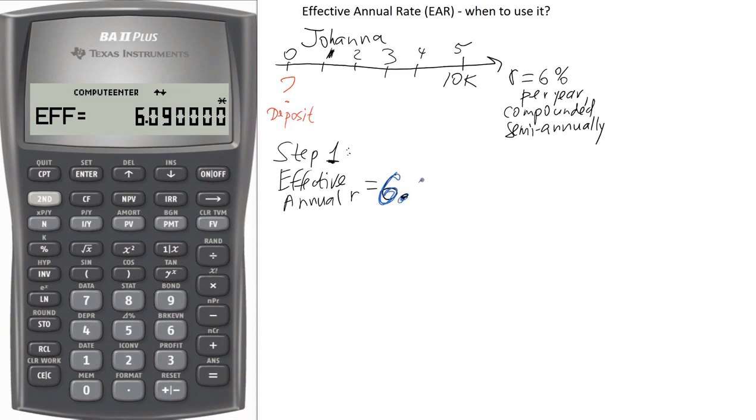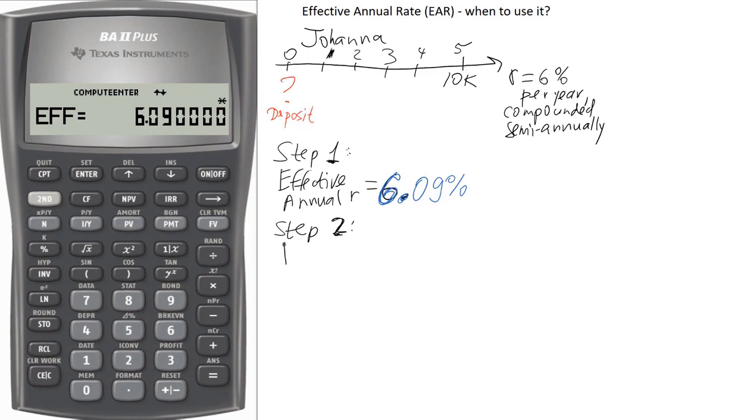6.09%, right, per year. Then we can do our second and last step. In the second step, we calculate the present value, right? How much should be deposited today so that after earning 6.09% interest per year effectively, the money grows to exactly $10,000.